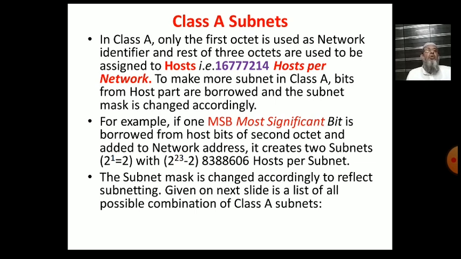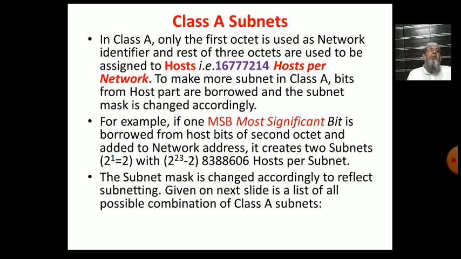But if you are borrowing bits from the class A host bits to the network bits, then the value will change, depending on how many bits we are going to borrow. For example, we can borrow one MSB, most significant bit, from the host bits.